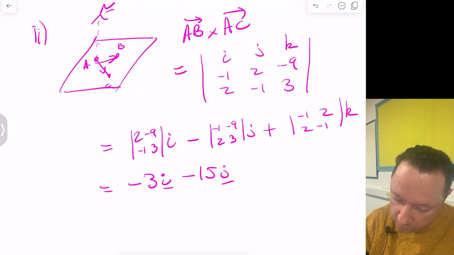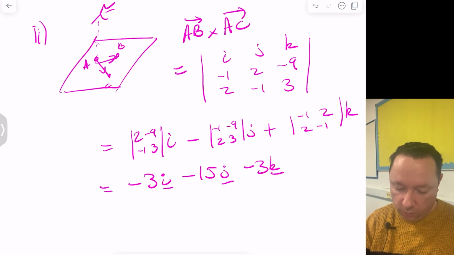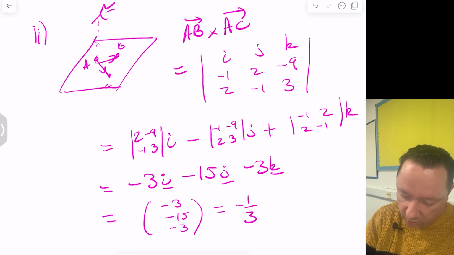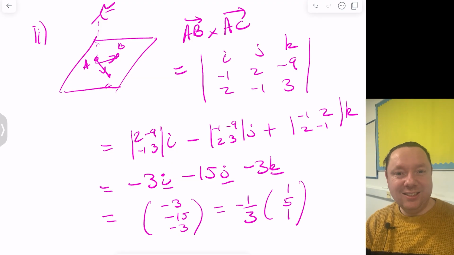And then we've got minus times minus a plus, so that's 1 minus 4, which is minus 3. Okay, but any normal will do. So if I write that as minus 3, minus 15, minus 3, why don't I just take out minus a third as a common factor to get 1, 5, 1, because that's much nicer to work with.